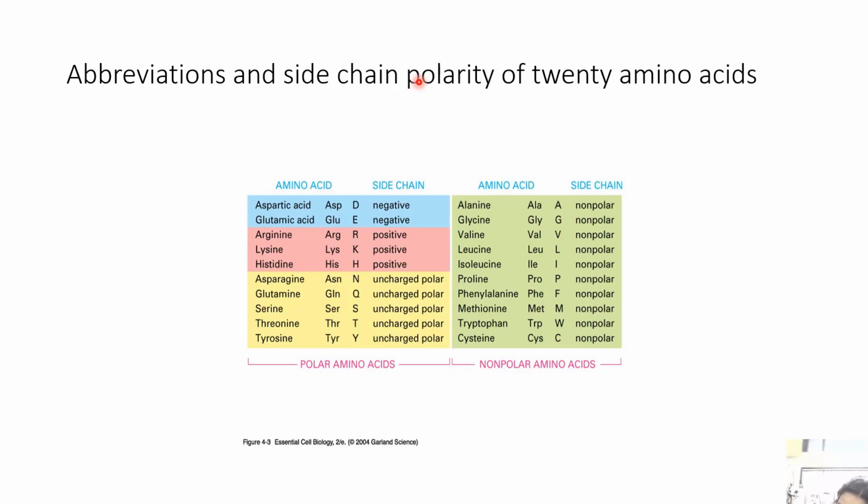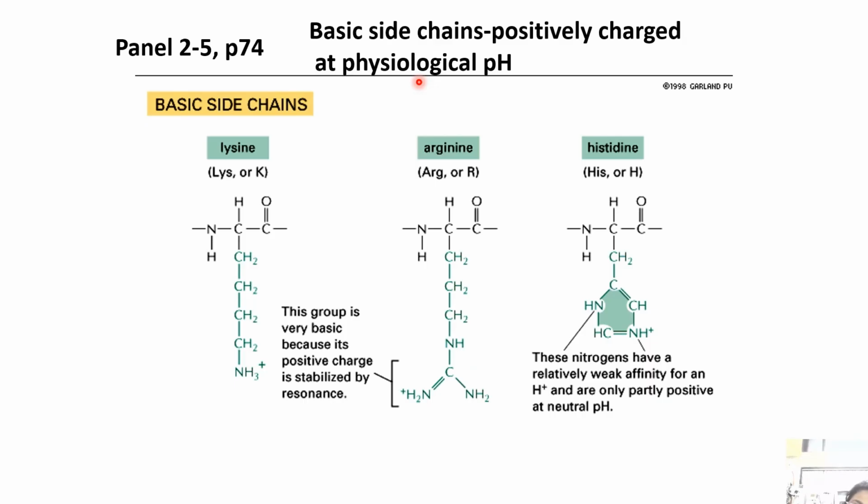We have aspartic acid, glutamic acid, arginine, lysine, histidine, asparagine, glutamine, serine, threonine, tyrosine, alanine, valine, leucine, isoleucine, proline, phenylalanine, methionine, tryptophan, etc. You can classify them in a lot of ways, like polar amino acids, non-polar amino acids, some are aromatic amino acids, some are aliphatic amino acids, and all of that.